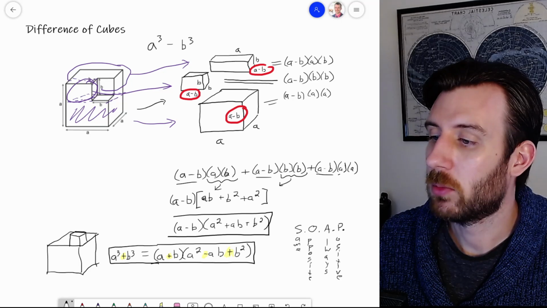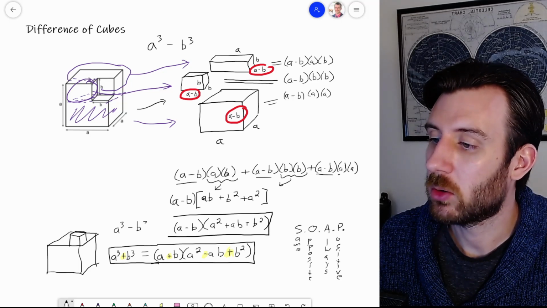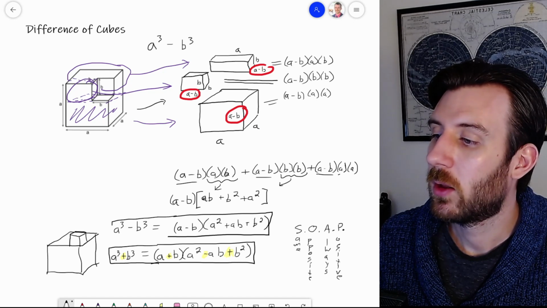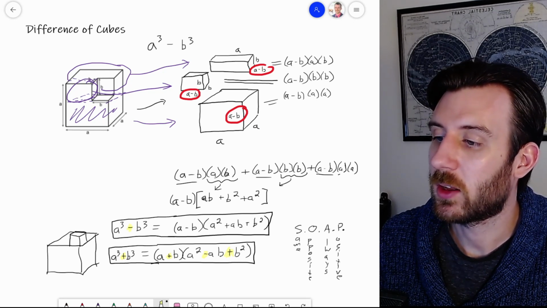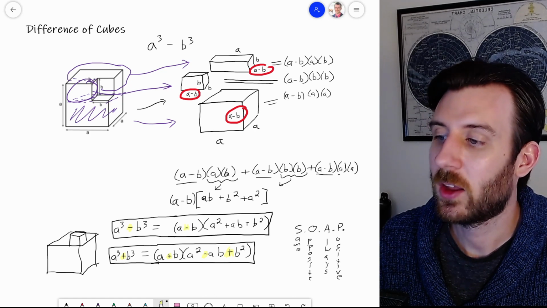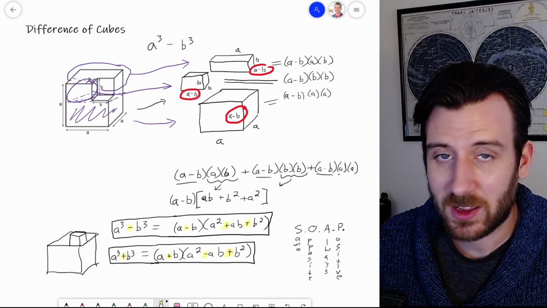For the difference of cubes, that would be where I take a cube like A cubed and subtract B cubed. That's going to be the same sign first, so a negative, and then the opposite, which is positive, and then always positive for the last one.